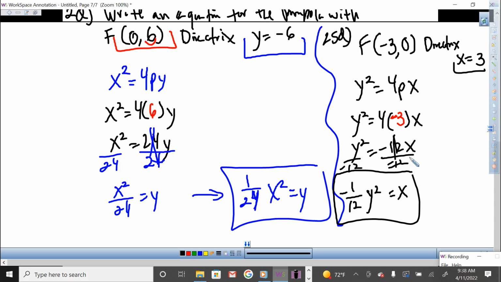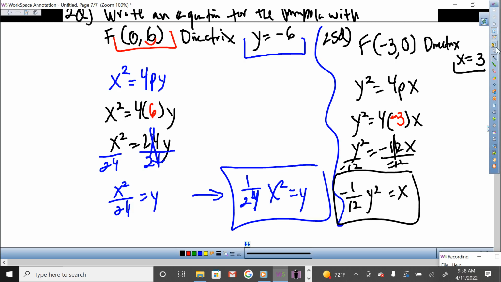There it is. Oh, it doesn't matter. Since it's a fraction, you can put it on top, on the side, or on the bottom. So, yeah. All right.